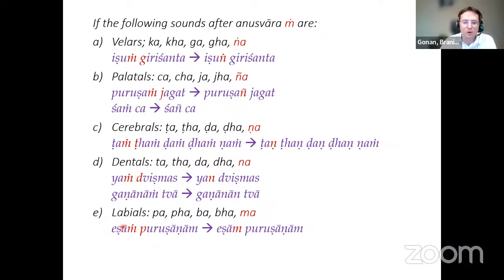And then the last group of consonants, labials: pa, pha, ba, bha, ma, as in esham, purushanam. Practically, there is no change, because we are just omitting this dot, and this anusvara, which is nasal, becomes a bilabial sound: esham, purushanam, because those are labials, right?